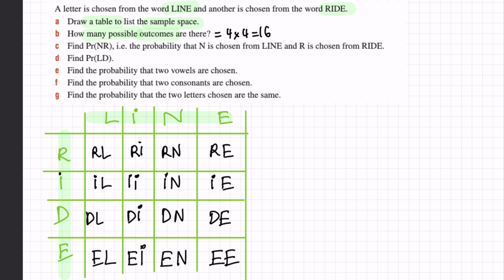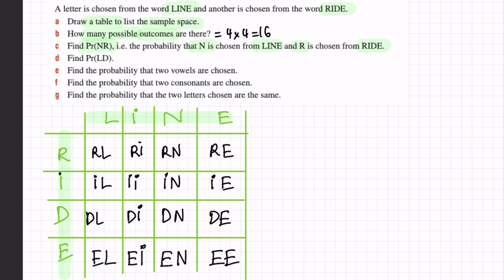Now find the probability of N and R. So N is chosen from LINE and R is chosen from RIDE. They clarify that N comes from here and R comes from here, and then NR should be that one.